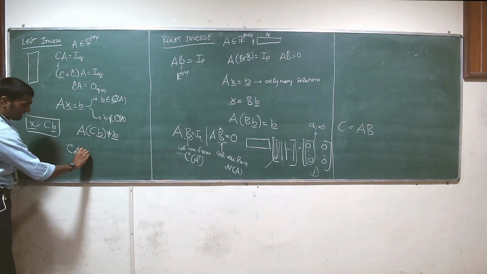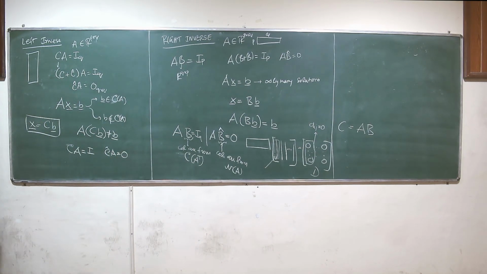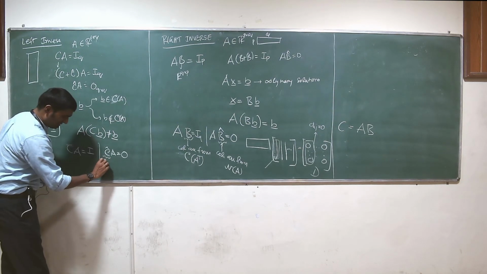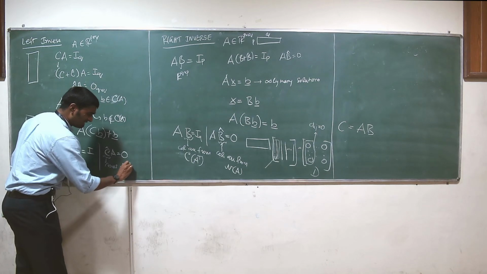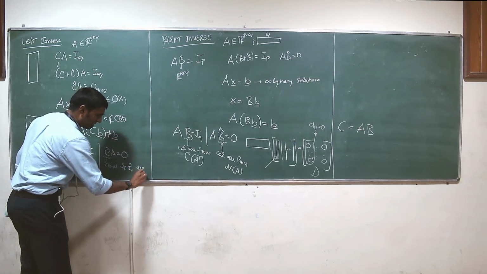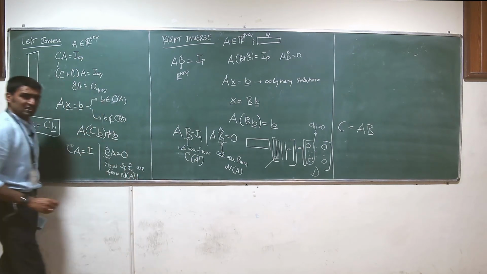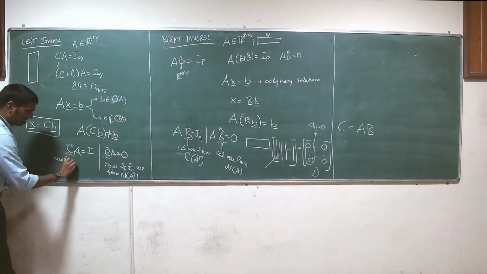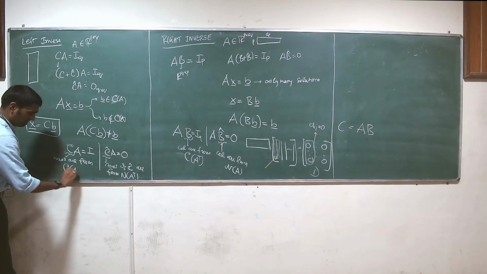So we had CA equals I and C cap A equals 0. In this case, I'll just state it. You can think about why it is. The rows of C cap are from the left null space. Okay, and here rows are from the column space.